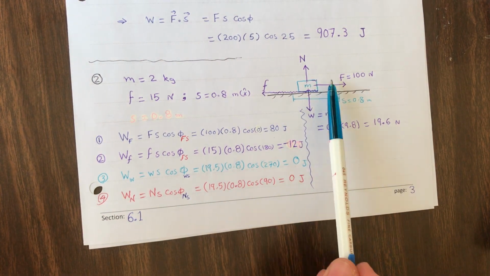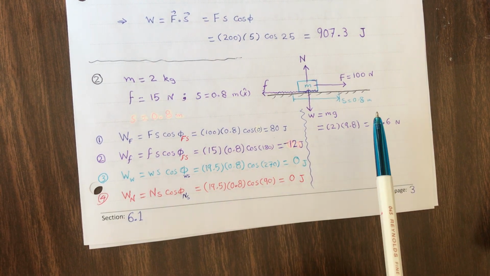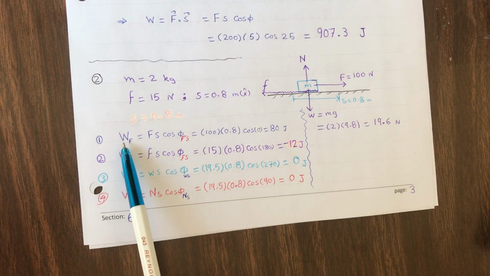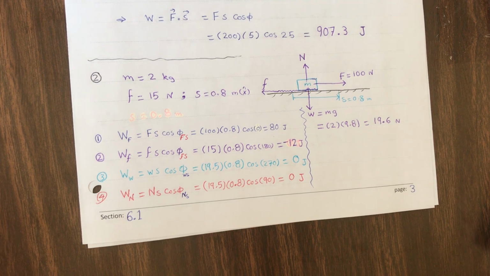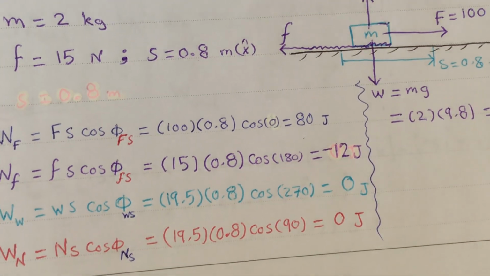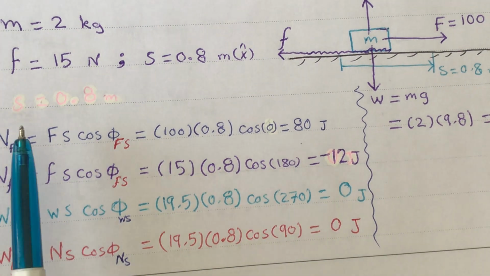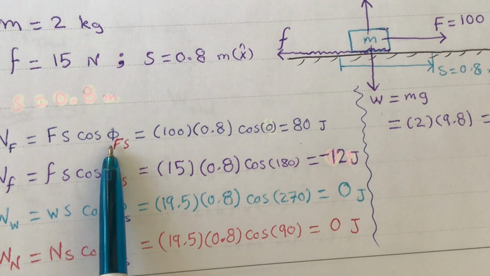We have 4 forces. Each force has its work. Look at the work due to the applied force. It is F multiplied by the displacement multiplied by cosine phi.